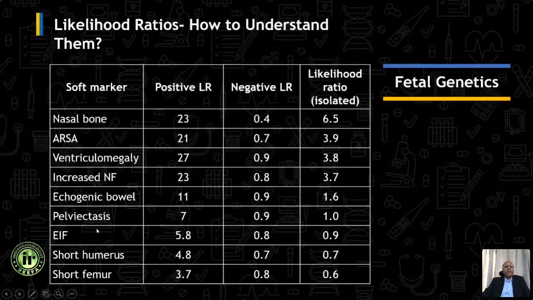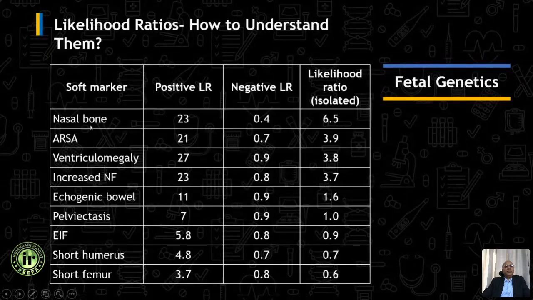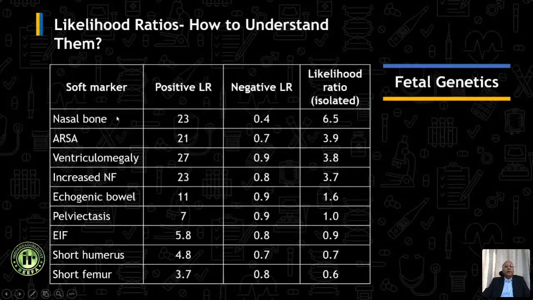Now, each of these markers indicates the presence of aneuploidy by themselves or in combination. And each of these markers, according to their strength of identifying aneuploidy, has a positive likelihood ratio and a negative likelihood ratio. And when these markers are isolated, then we have a single likelihood ratio.